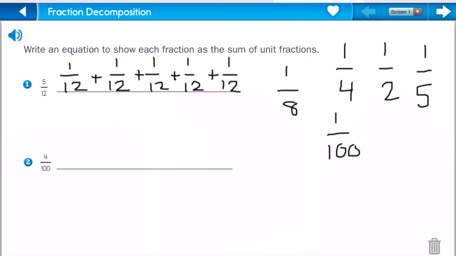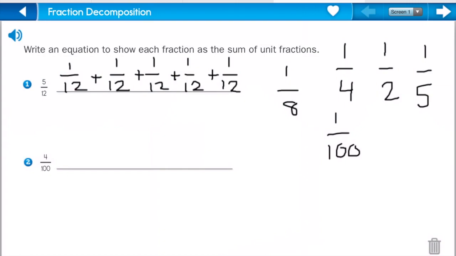I broke 5/12 into 5 different unit fractions. And remember, unit fractions are fractions with a numerator of 1. So all of these here are unit fractions. I decomposed it by adding 1 over 12 five times. That is how you decompose a fraction.